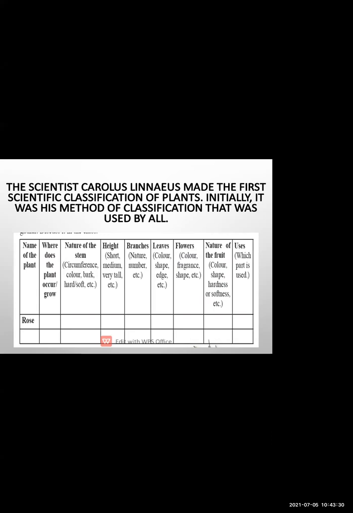Depending on all these characteristics, he tried to classify the plants on similarities and differences. So Carl Linnaeus made the first classification for the plant. Initially, it was a method of classification used by all to classify the plants.